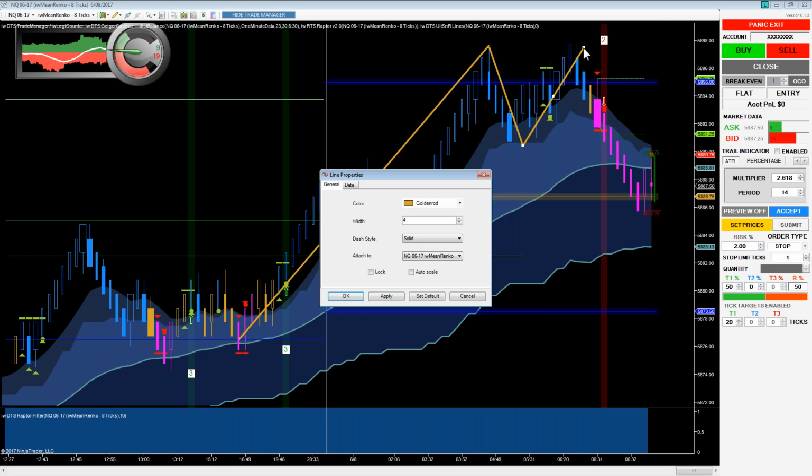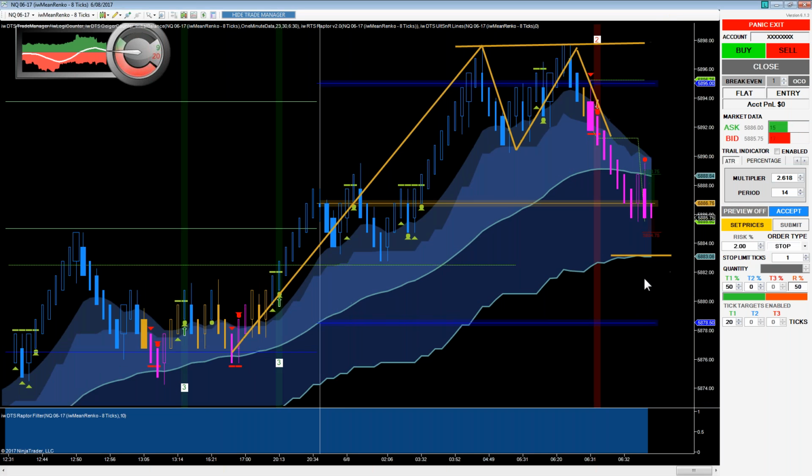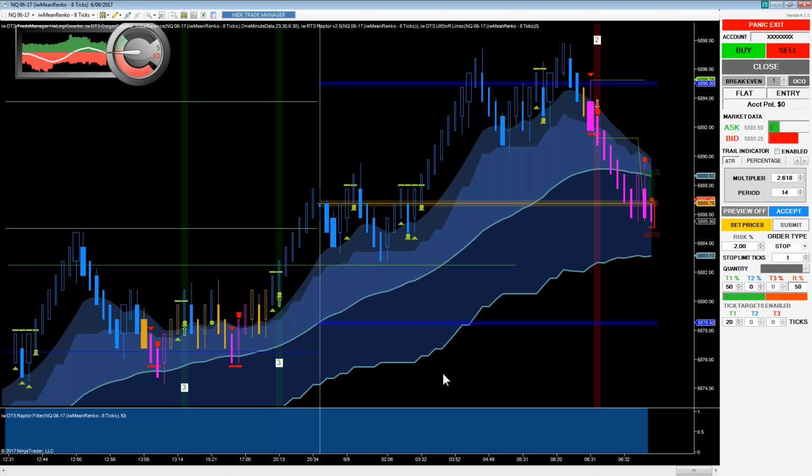And then you need to see a test of the extreme. In this case, the extreme would be the high and the subsequent failure. Target is the hard edge of your trading cloud, so it helps when the cloud is a little bit broader, but it's not unusual on a narrow cloud to see the market actually trade well past the hard edge.